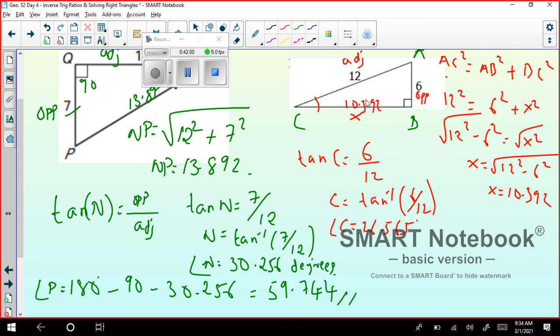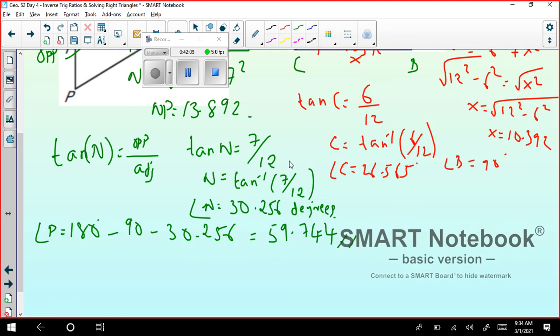And I can get the final, the missing angle. I know angle B is 90 degrees. Angle A is 180 minus these two. The measure of angle A, to be more accurate, is 180 minus 90 degrees minus 26.565.